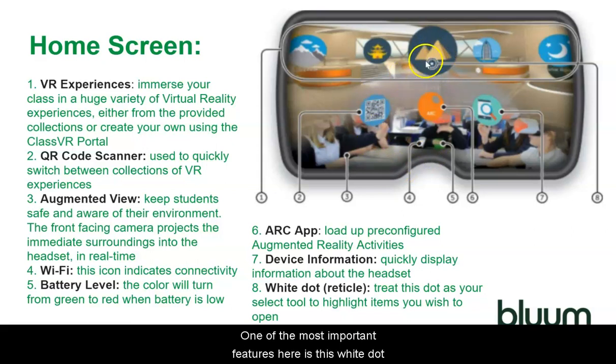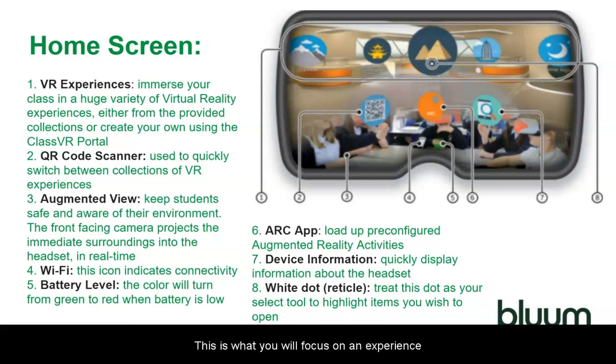One of the most important features here is this white dot labeled as number 8. This is your white dot cursor or reticle. This is what you will focus on an experience or an app on your second row to enter into that experience or application.